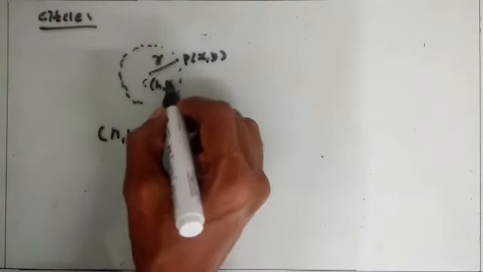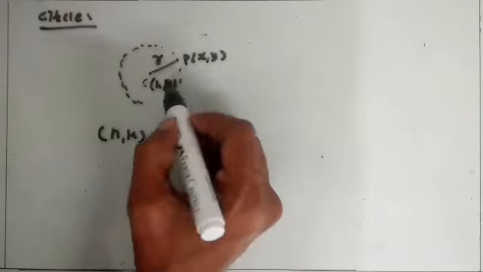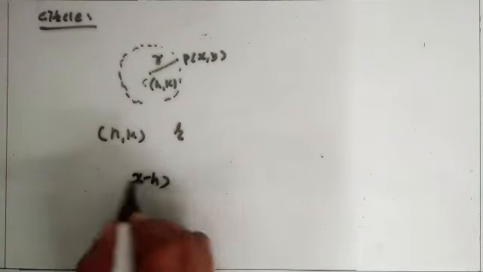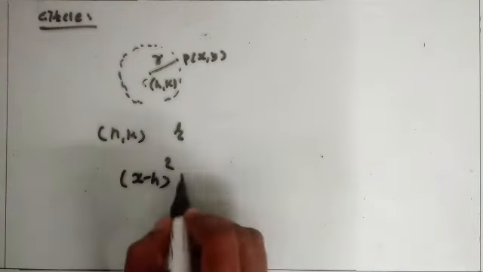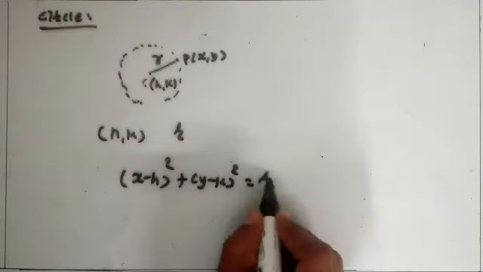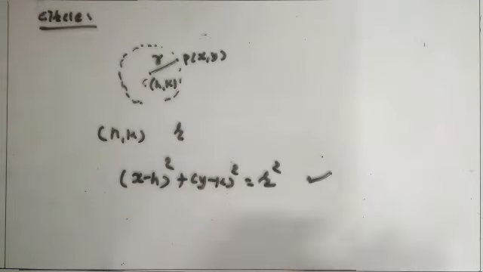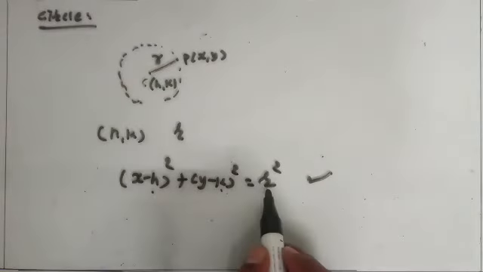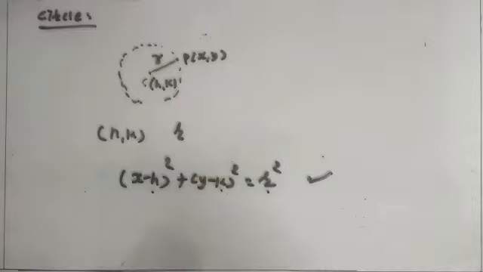So using the distance formula, (x minus h) whole square plus (y minus k) whole square equals r square. So this becomes the equation of a circle, that is (x minus h) whole square plus (y minus k) whole square is equal to r square, the equation of a circle whose center is (h, k) and radius r. Clear? So remember this equation of a circle.